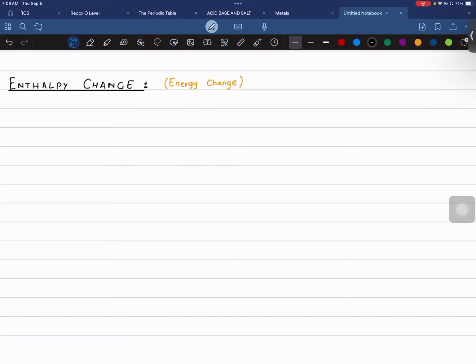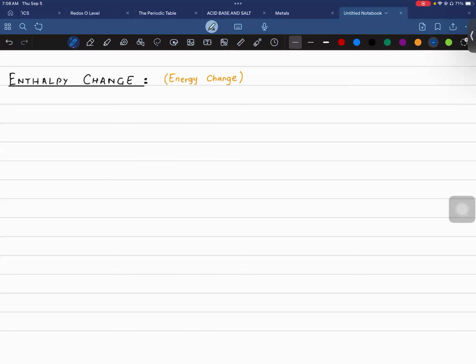This is the energy difference between reactants and products.